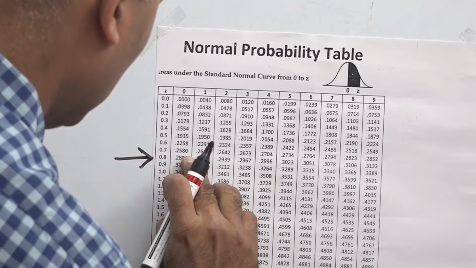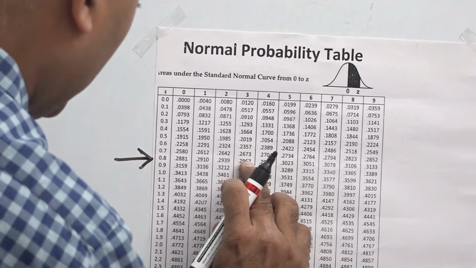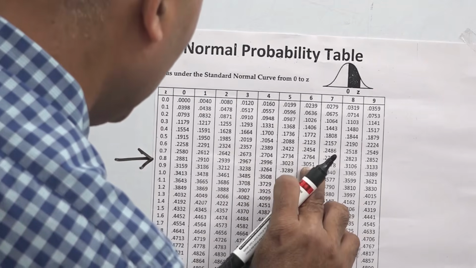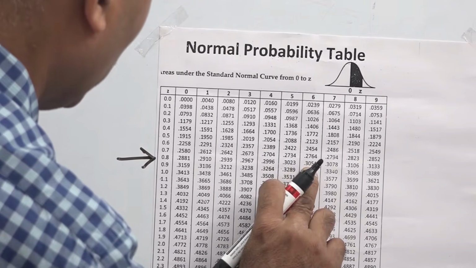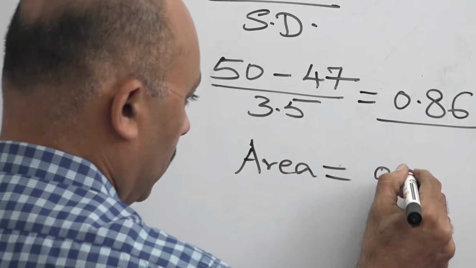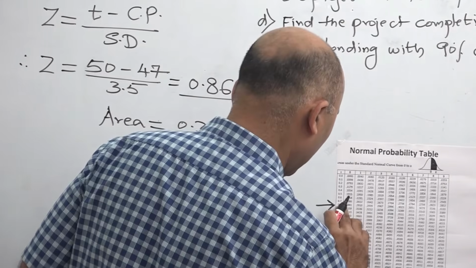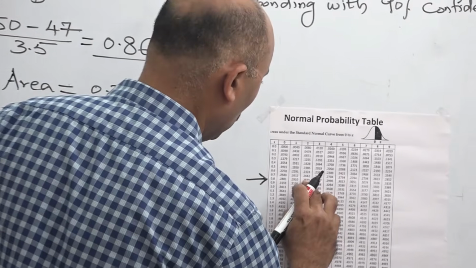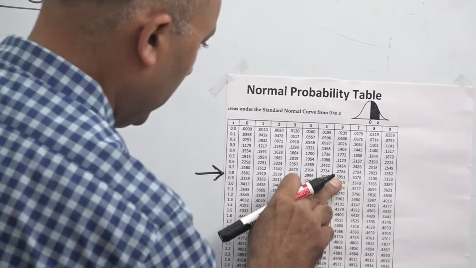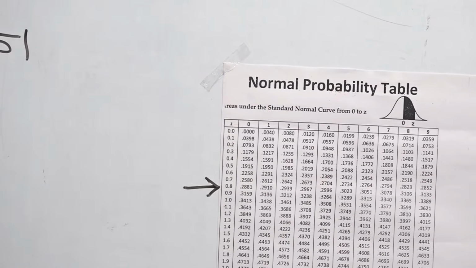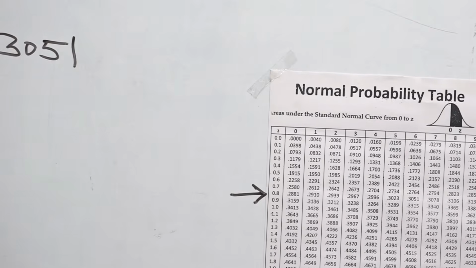Here the value you will get is 0.3051, so the area is 0.3051. This is the area under the curve.